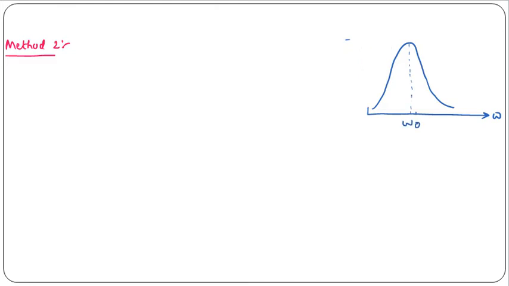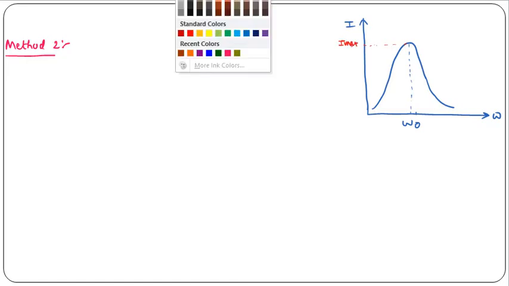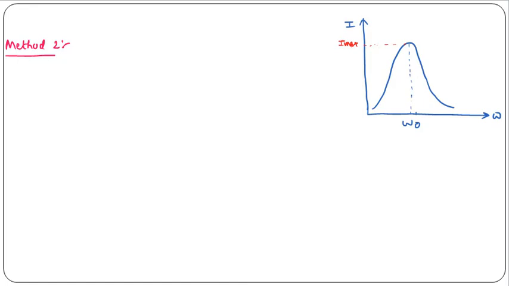Let me extend this y-axis. So this is the y-axis, and current. Here the maximum value of current is I max. Omega 1 and omega 2 are defined at the maximum current divided by root 2, that is 0.707 of the maximum current.